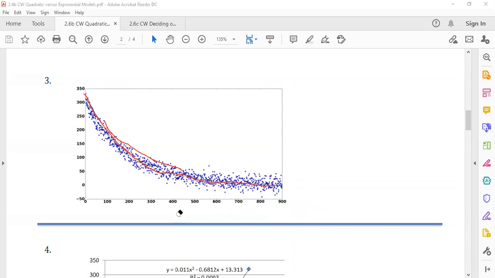So I'm going to do this real quick because I'm going to need that space later. And then, so this would be exponential here.